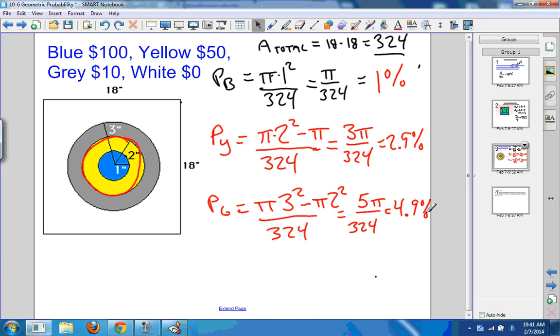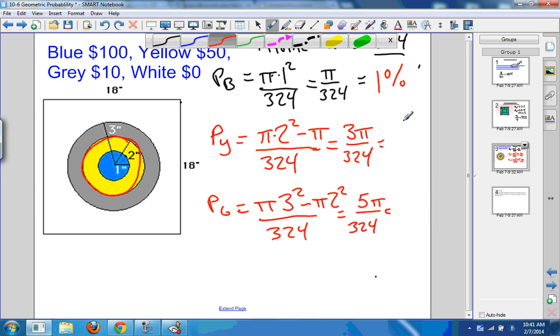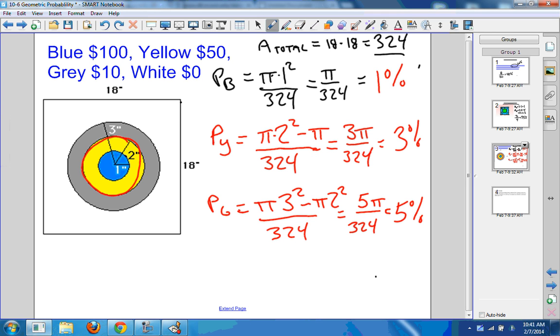Let's make these a little bit easier to read here. Instead of 2.9%, I'm going to change that to 3%. And I'll change this one to 5%. So 3%, 5%. It's pretty close. So we have nice big whole numbers to look at this with. So the only thing we're missing now is winning $0 by getting it in the white area.